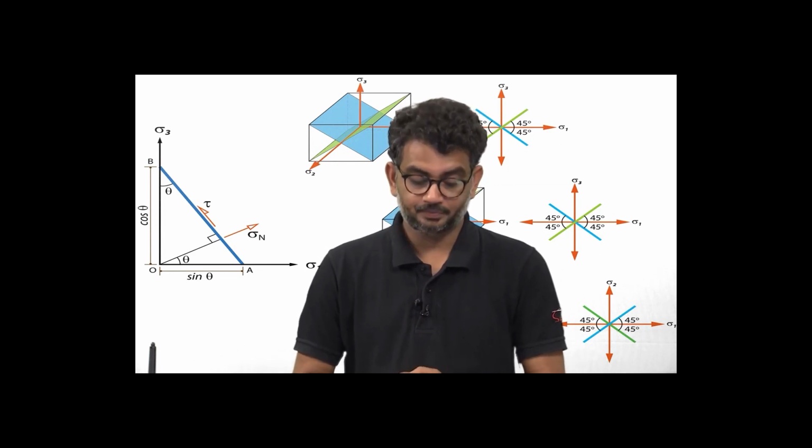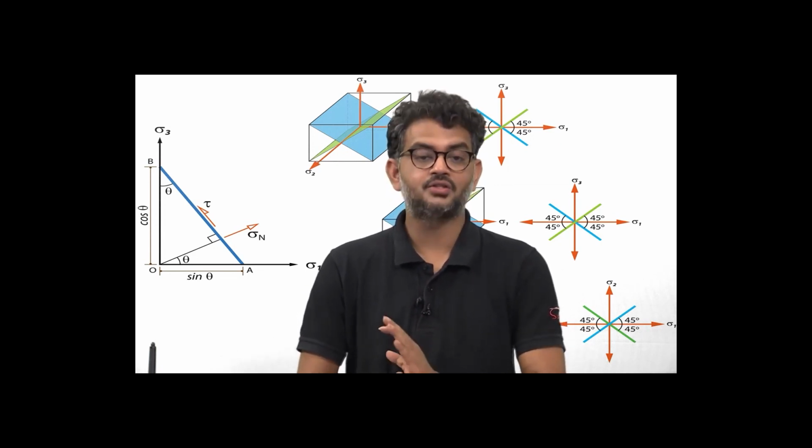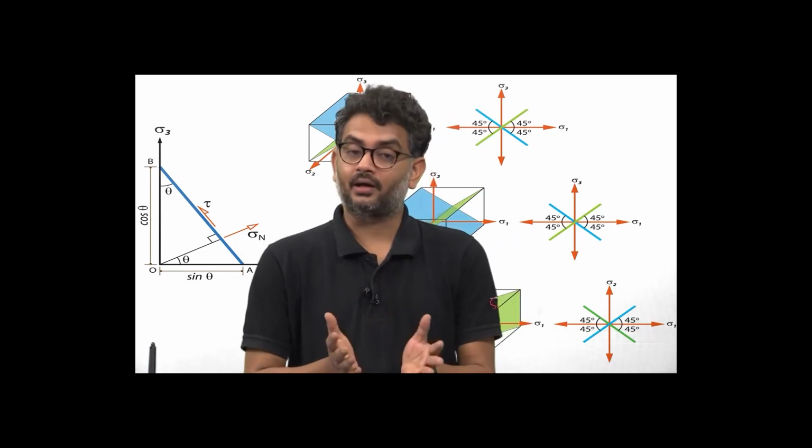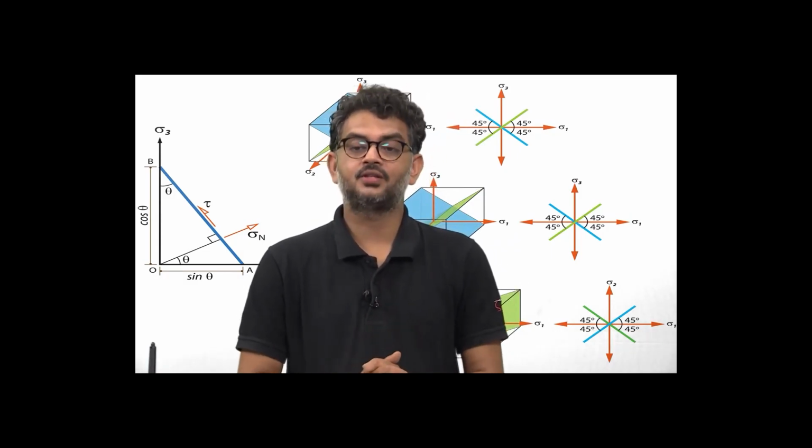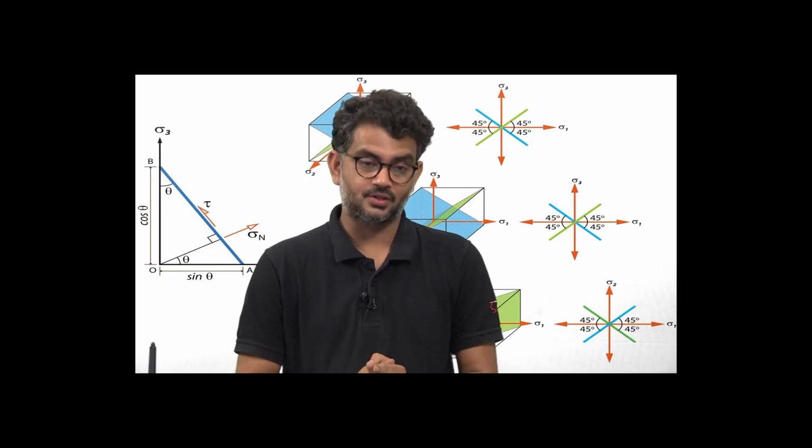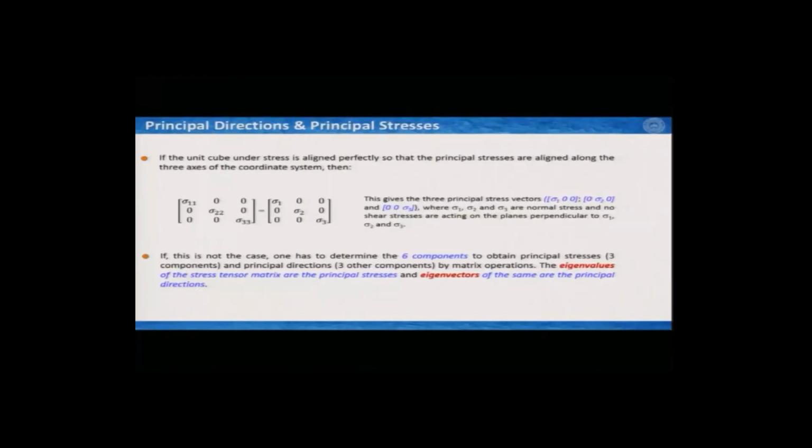If that happens, that means if the unit cube under stress is aligned perfectly, so that the principal stresses are aligned along the 3 axes of the coordinate system, then we can define sigma 11 as sigma 1, which is the magnitude of principal axis of stress along the x1 direction, sigma 22 as sigma 2 and sigma 33 as sigma 3.